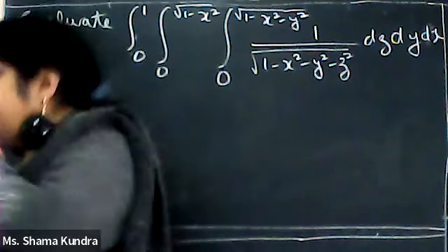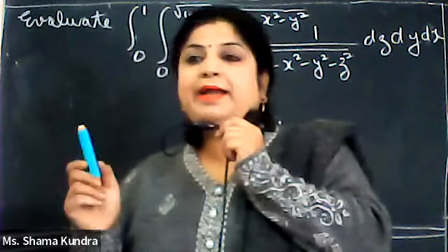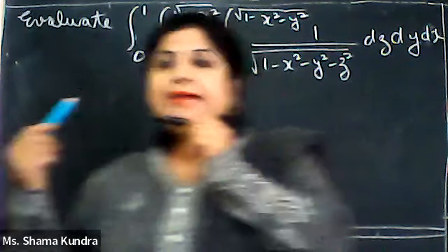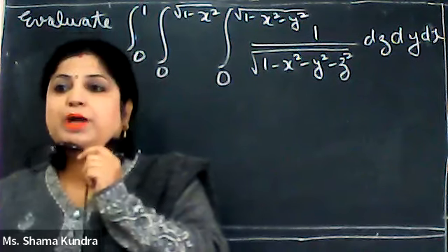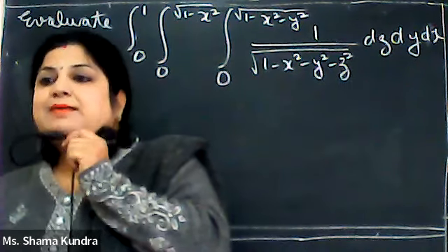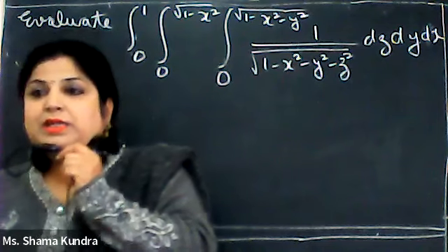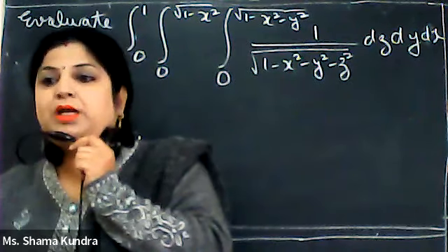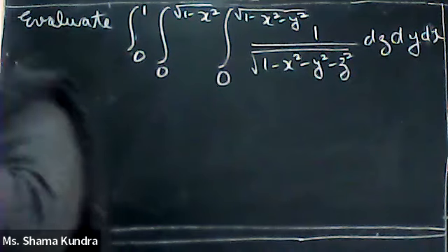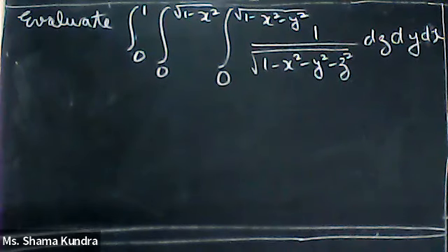Evaluate the integral from 0 to 1, integral from 0 to under root 1 minus x square, integral from 0 to under root 1 minus x square minus y square. These all three are limits. The function is 1 upon under root of 1 minus x square minus y square minus z square, dz dy dx.